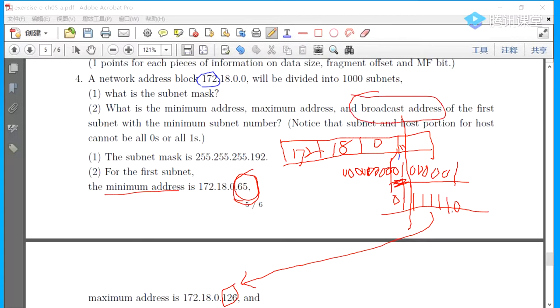The broadcast address is 0, 1, then with 6 ones, right? So the broadcast is dot 127.